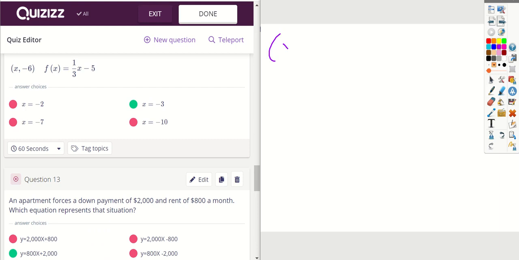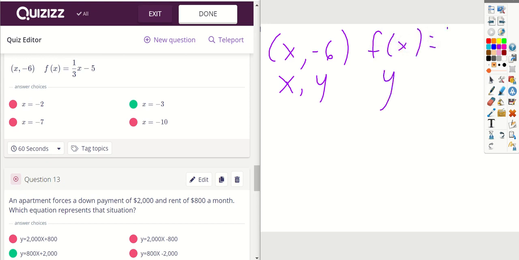This next one says x, y. So this is my x, this is my y, and f of x also means y. So they're just saying if you know that vocab, replace everything with what it equals. So I'm changing f of x to y, and then y to -6. And then I'm changing this x to this x.